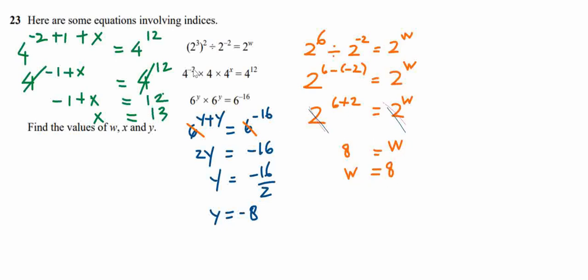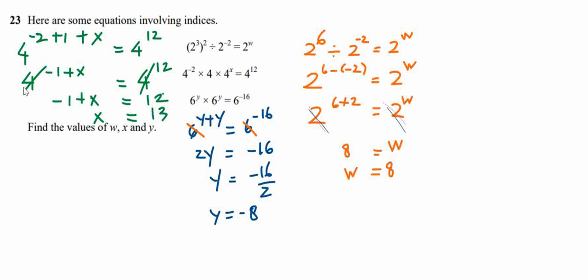Second, 4 to the power of negative 2 times 4 to the power of x. In multiplication, we simplify the indices by adding the indices. The 4 with no index written means it's 1. So negative 2 plus 1 plus x equals 4 to the power of 12. Negative 2 and 1 become negative 1, so negative 1 plus x.